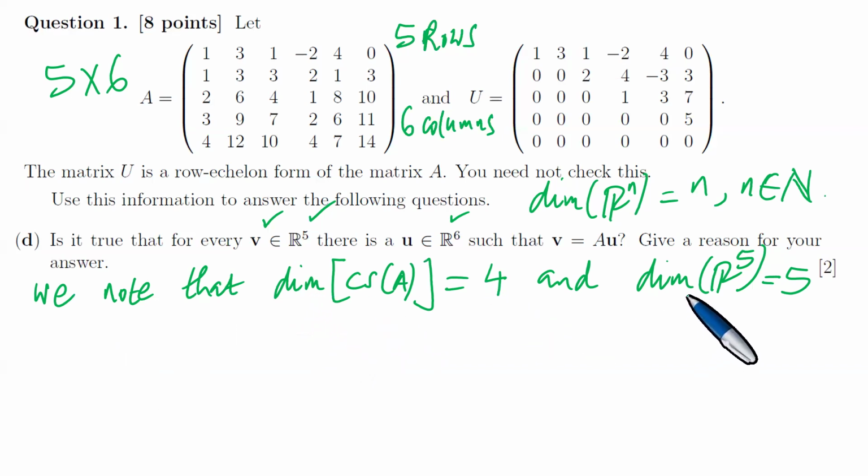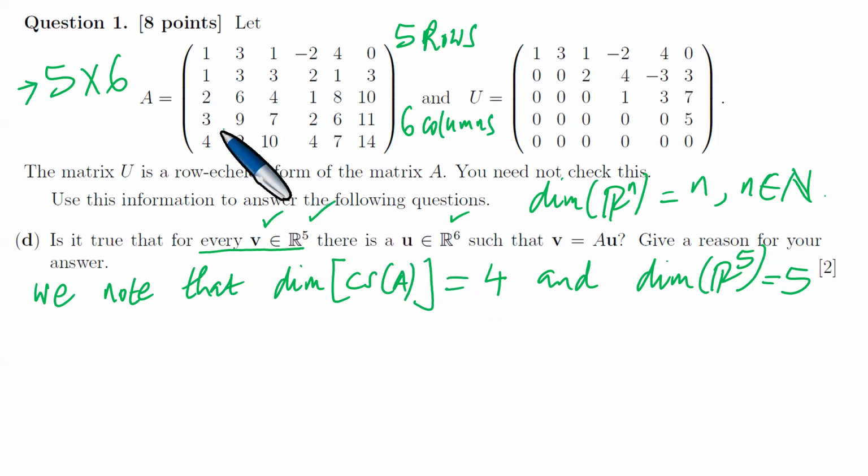And the dimension of R5, which relates to the rows. At this point, we realize that the dimension of R5 itself is 5. Why? Because we're saying for every V in R5, we are looking at any vector in R5. And can we take a U in R6?